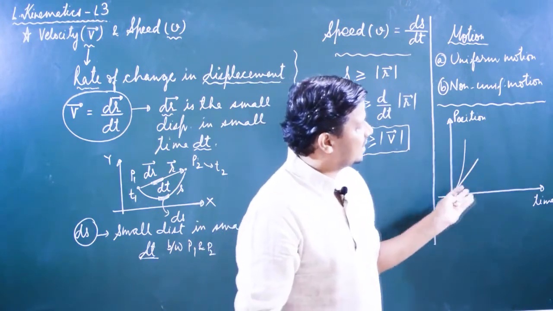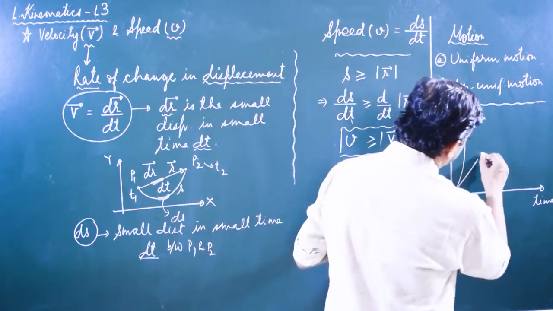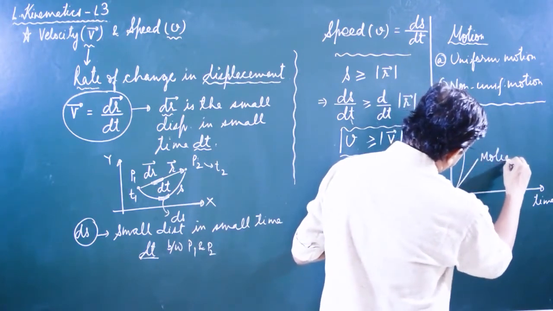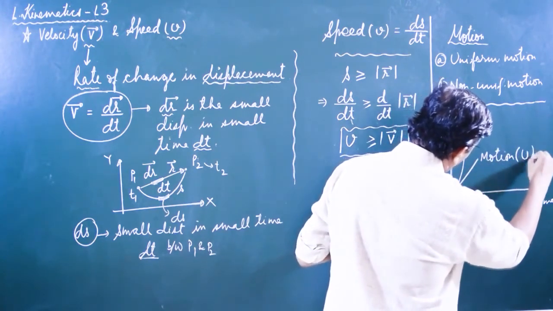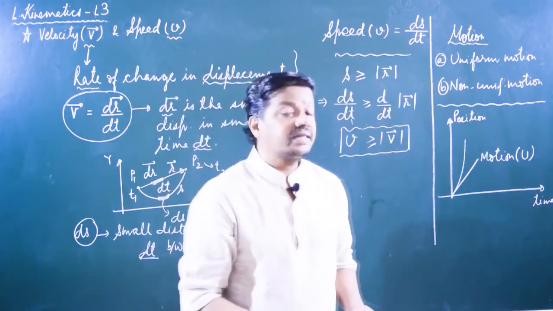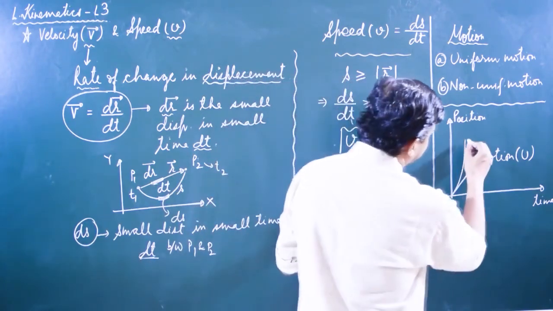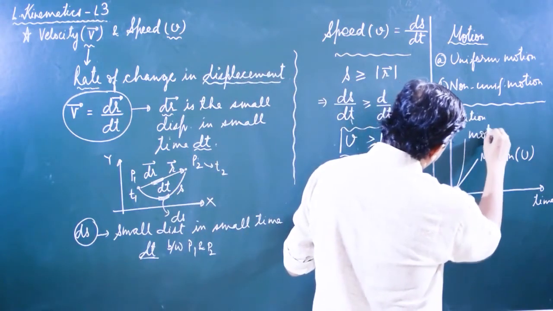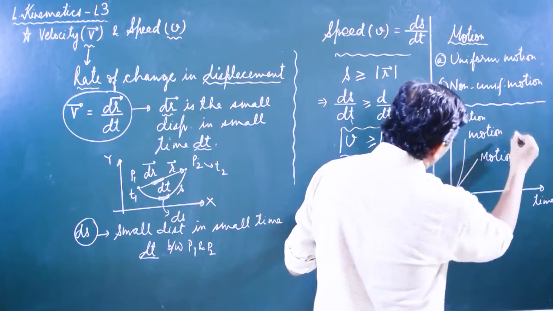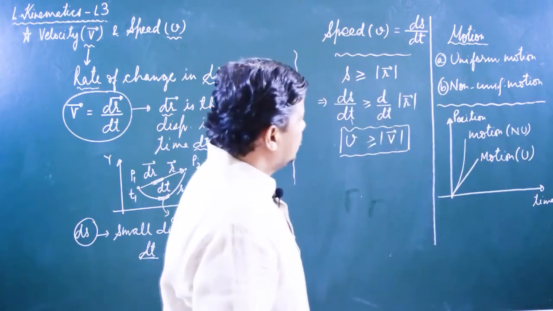If the position time graph is a straight line, then the motion is uniform. So here motion is U for uniform. And if the particle is covering unequal distance in equal intervals of time, in that case motion is non-uniform. So see here, motion is non-uniform.